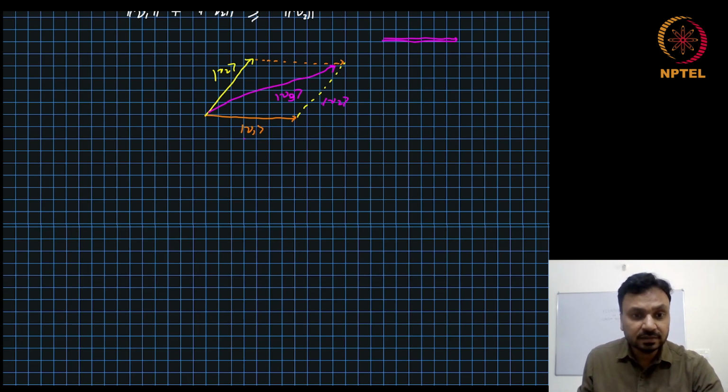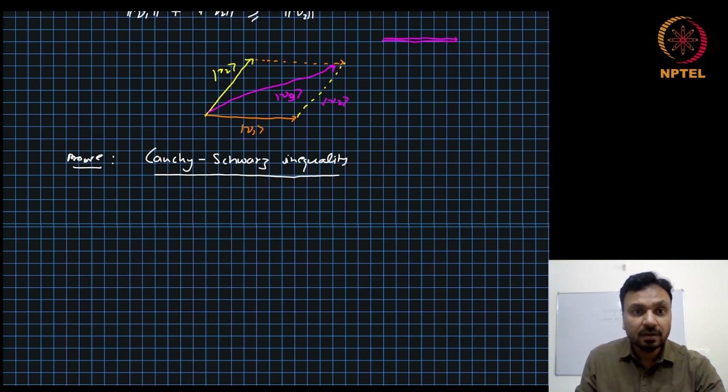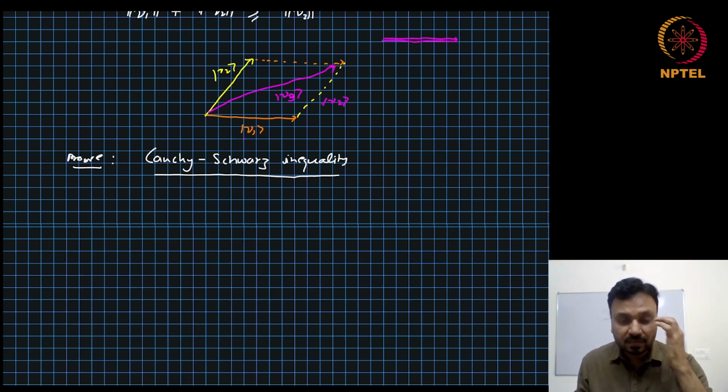To prove it, we start with something called the Cauchy-Schwarz inequality. This is another very interesting inequality in linear vector spaces with inner products.